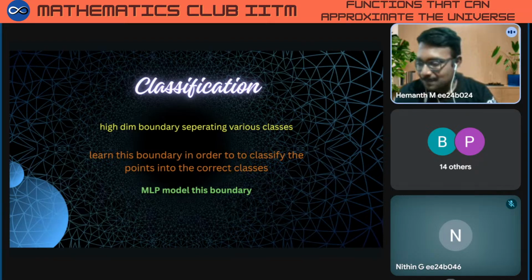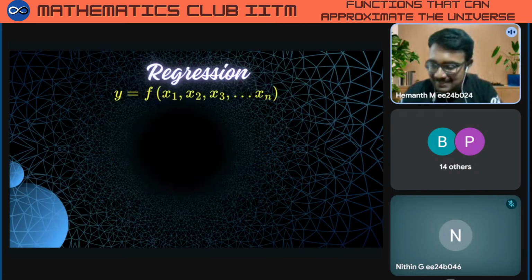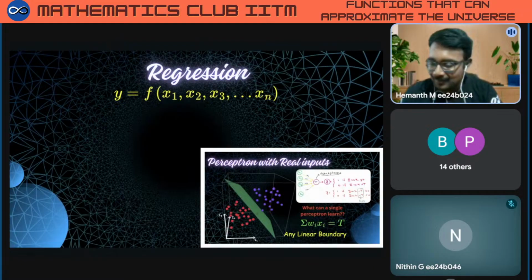So now moving on. Till now, what we saw is how we learn classification boundaries. If you observe, the output space was confined to discrete classes, meaning the output is either 0 or 1 or something like that. But now, what if we want to extend this idea to outputting any continuous real number?